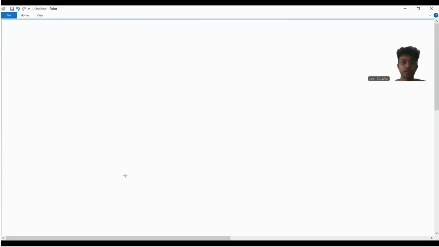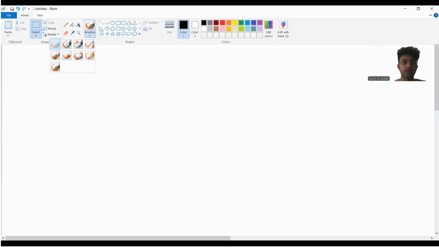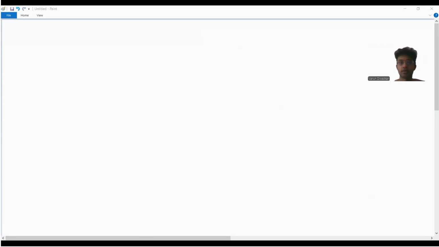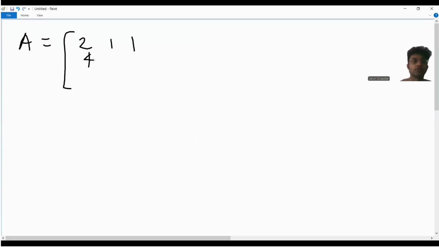Right, so let me write. Let's take a matrix that's something like this. Say A equals 2, 1, 1, 4, 3, 3, and 8, 7, 9. So when we decompose this into L and U, it's going to look something like this.